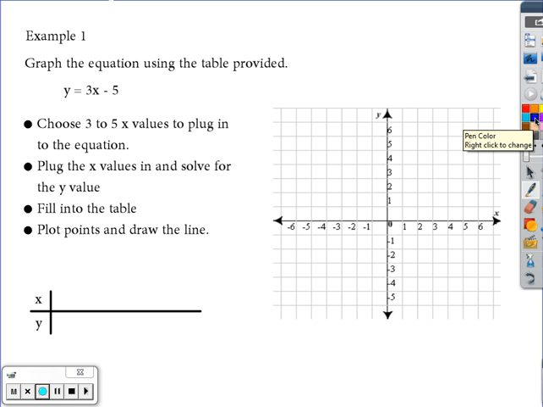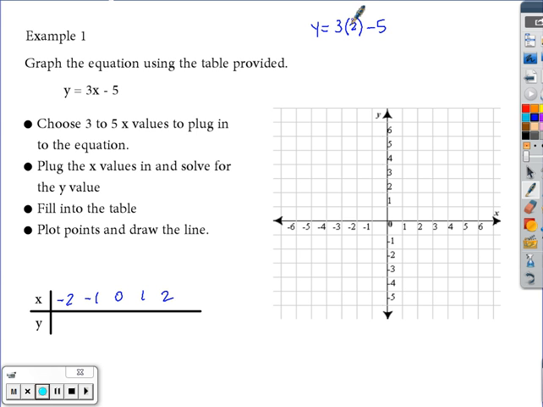I'm going to choose my x values first. It says 3 to 5, so I'm going to pick negative 2, negative 1, 0, 1, and 2. That way I get a few negatives and a few positives. I'll demonstrate how to plug one of them in, and then I think you could probably figure out the rest. If I plug in the x value of 2, I'm going to have 3 times 2 minus 5.